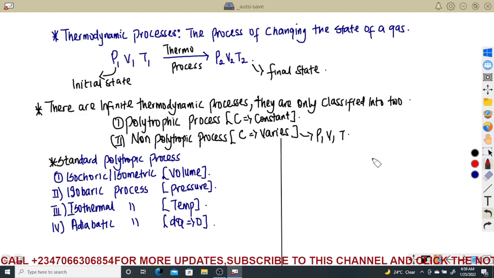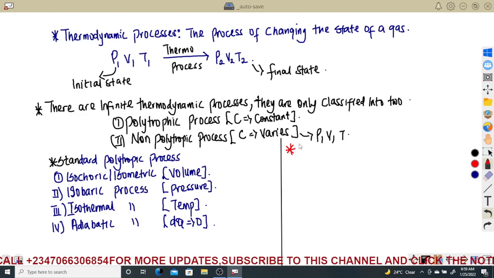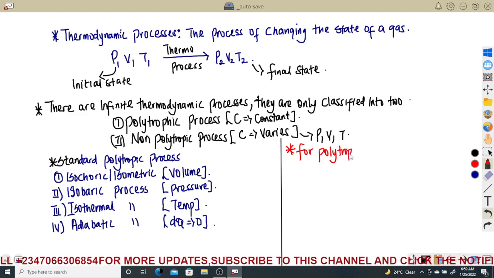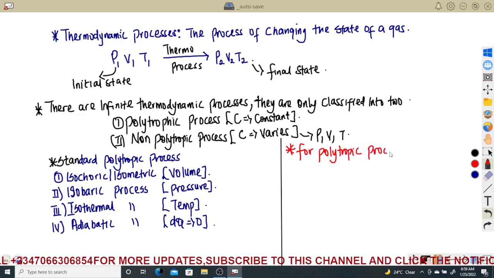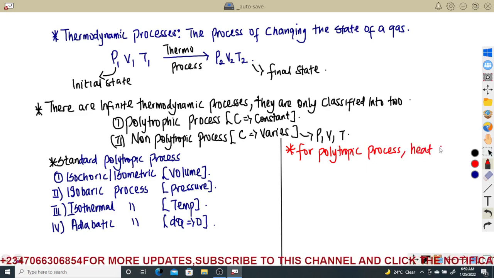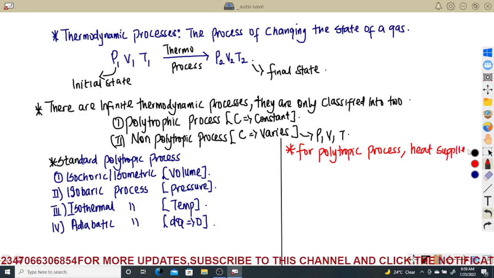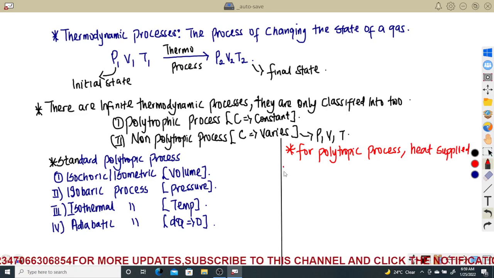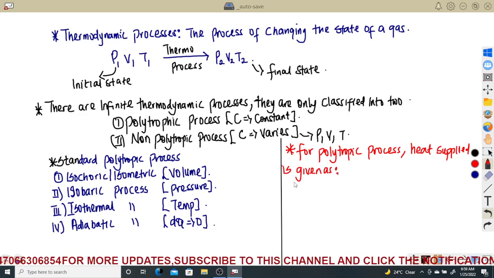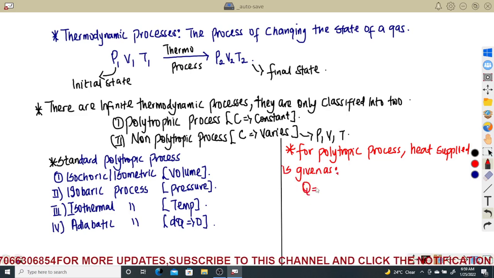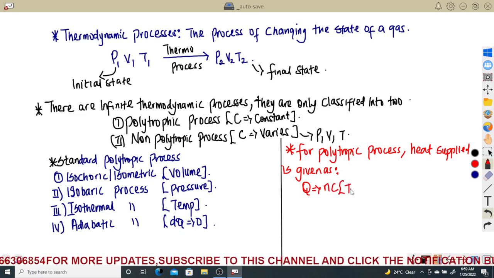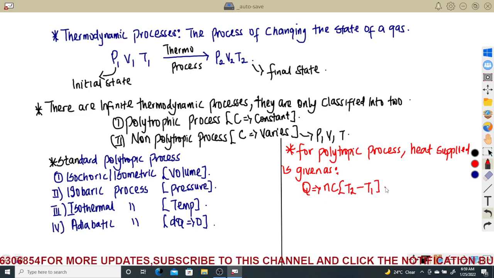Note this: for polytropic process, heat supplied is given as Q equals nC(T2 minus T1). We told you that C is constant for polytropic process. Keep it at the back of your mind.